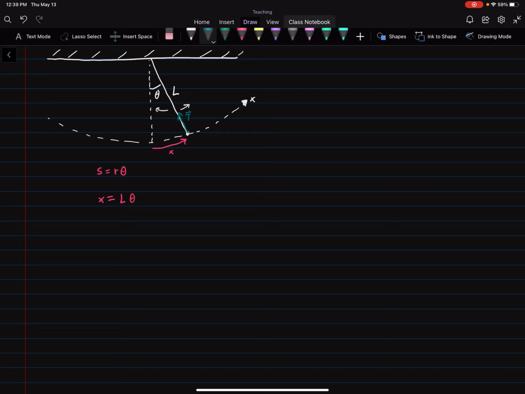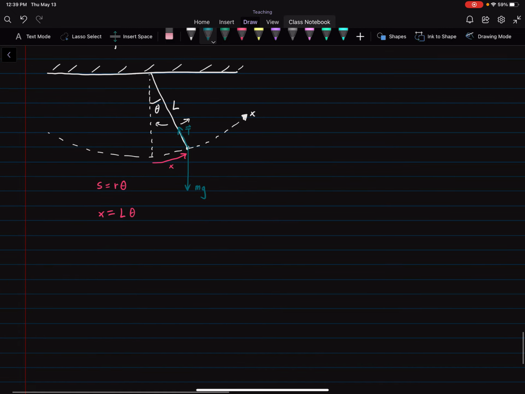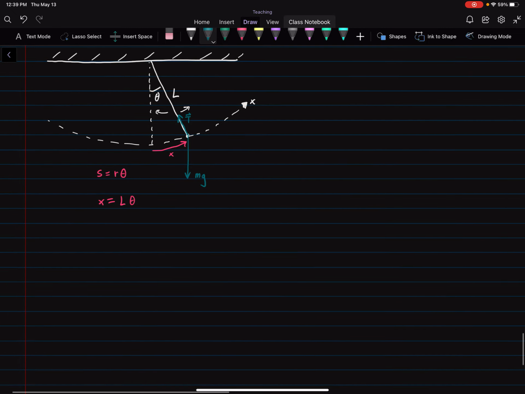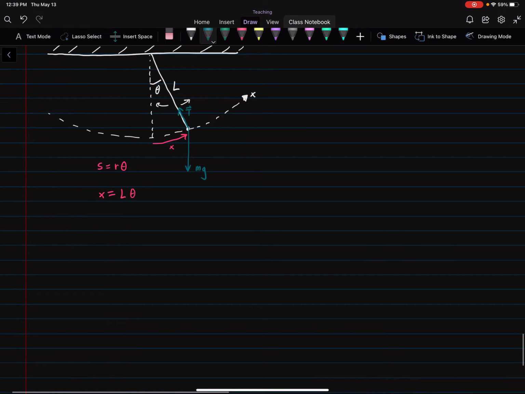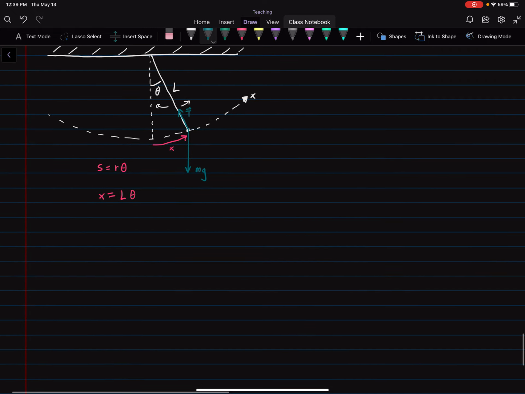And so it's not exactly the restoring force of this pendulum. It's kind of sort of, it contains a component that provides the restoring force, but it's changing as the position changes, right? Its direction is changing, not just its magnitude. So we got to take a closer look at this.